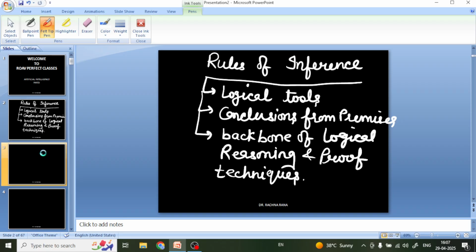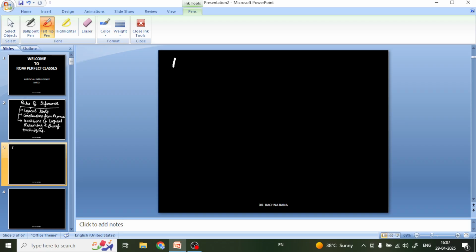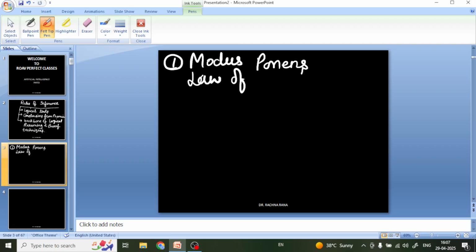Now, first, the basic rule of inference is modus ponens. This is the law of detachment.